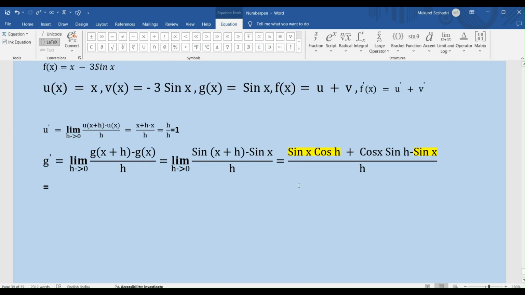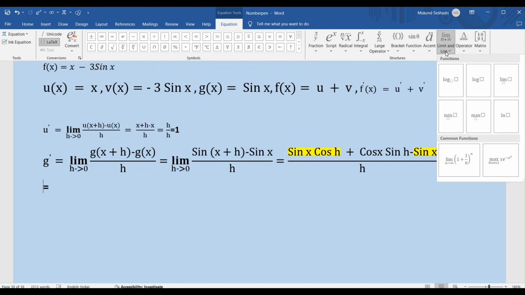So I'm going to combine sine x cos h and minus sine x, and then we can rewrite this expression as below.